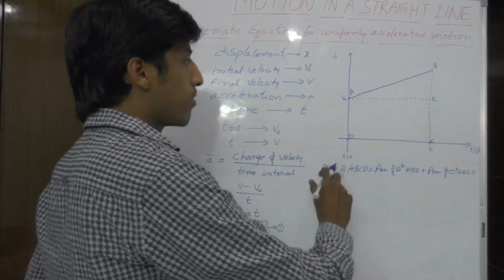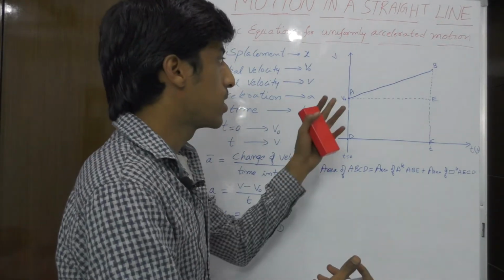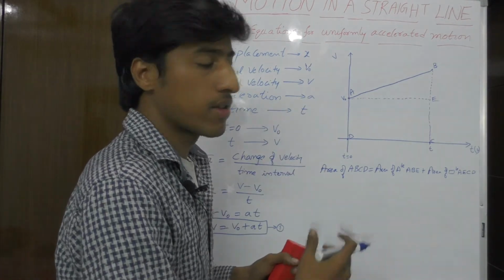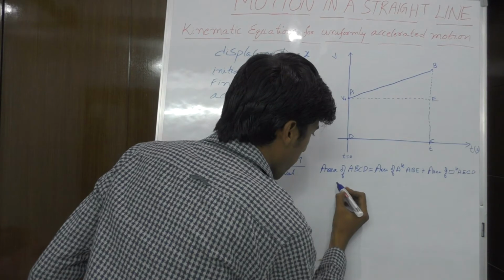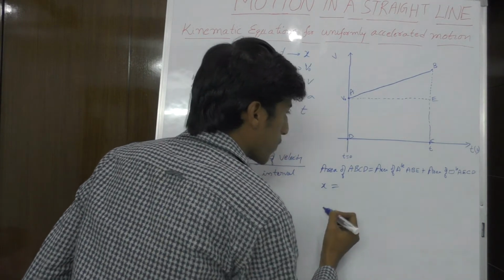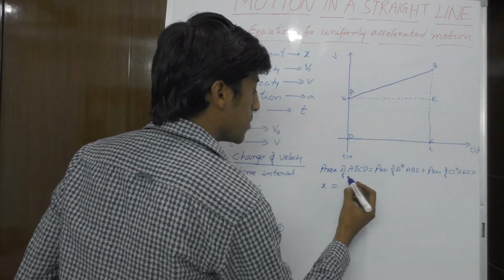Now the area of ABCD is nothing but the area under the velocity-time graph, that is displacement x. It is equal to the area of the triangle, half into base into height.